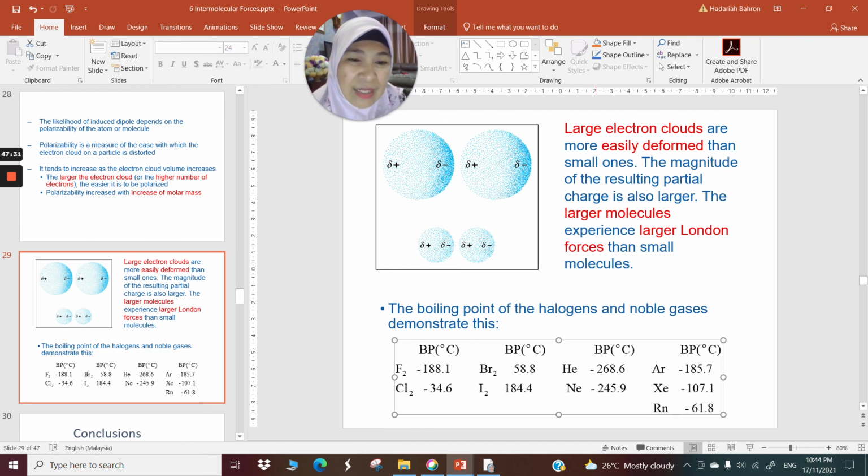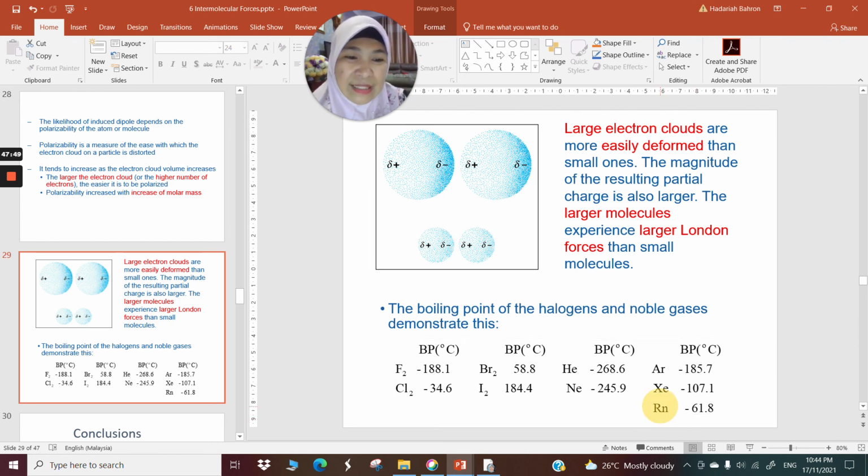Same with helium, small. Neon is big. Argon is bigger. Xenon is bigger. Radon is bigger. As the noble gases become bigger, they become more easily polarizable.